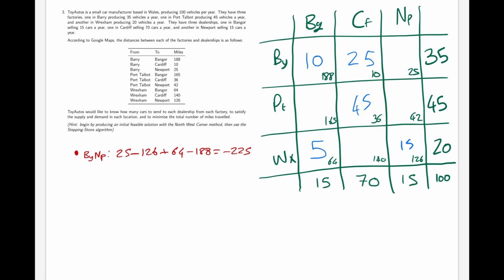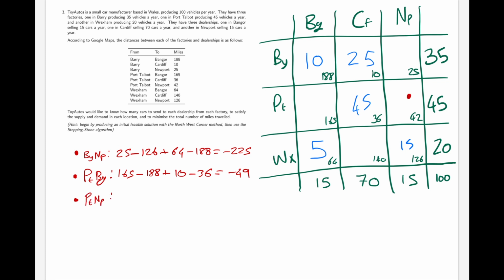How about Port Talbot-Bangor? That's here. Our loop now would be this. Increase Port Talbot-Bangor, decrease Barry-Bangor, increase Barry-Cardiff, and decrease Port Talbot-Cardiff at a net unit cost of minus 49. How about Port Talbot-Newport?